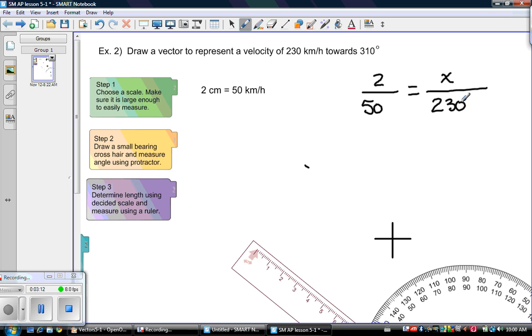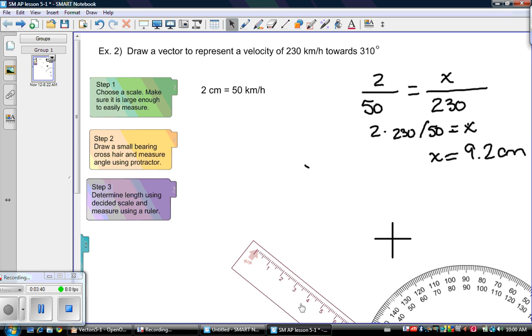Solving this ratio, we cross multiply. So 2 times 230 divided by 50 equals x. Plug that into your calculator. X is equal to 9.2 centimeters. So that's how long the line has to be.